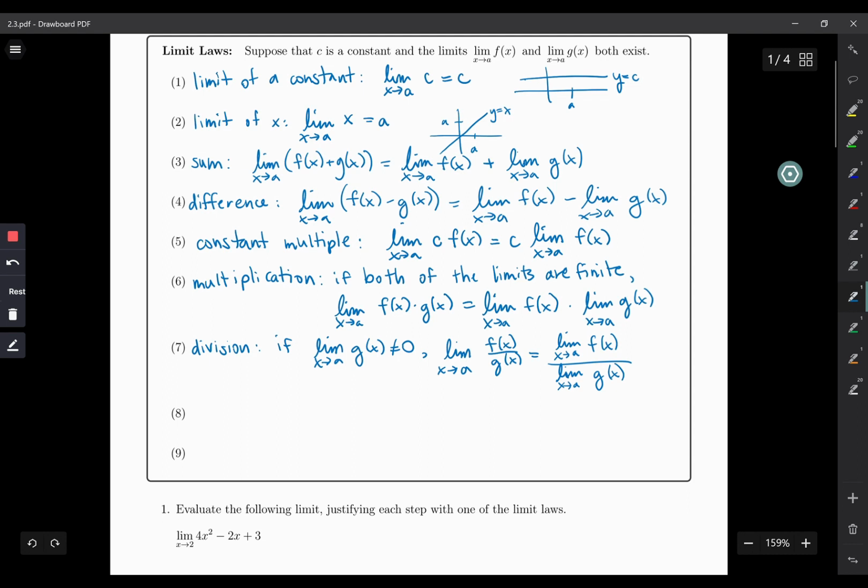So we can do that so long as we don't get 0 in the denominator, right?